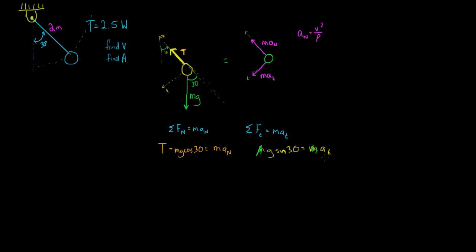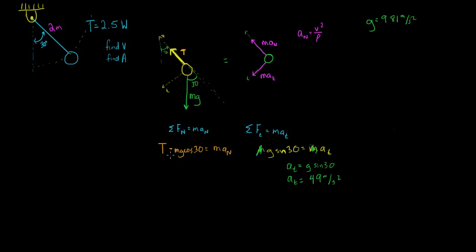Now we have the tangential acceleration is equal to g times the sine of 30. We know gravity, because we are in SI units, is equal to 9.81 meters per second squared. We can evaluate this expression and we get our tangential acceleration is equal to 4.9 meters per second squared.